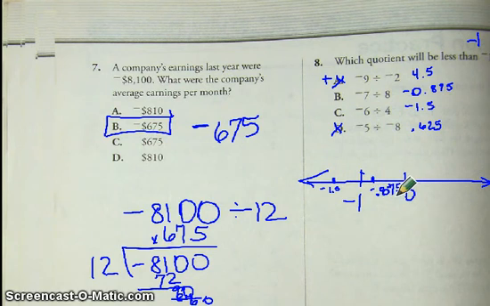So less than is going to be negative 1.5. It is worse to owe $1.50 than it is to owe $1. So if you're ever in doubt, think of it in terms of money. Be careful when you're comparing those negative numbers. They can be tricky.